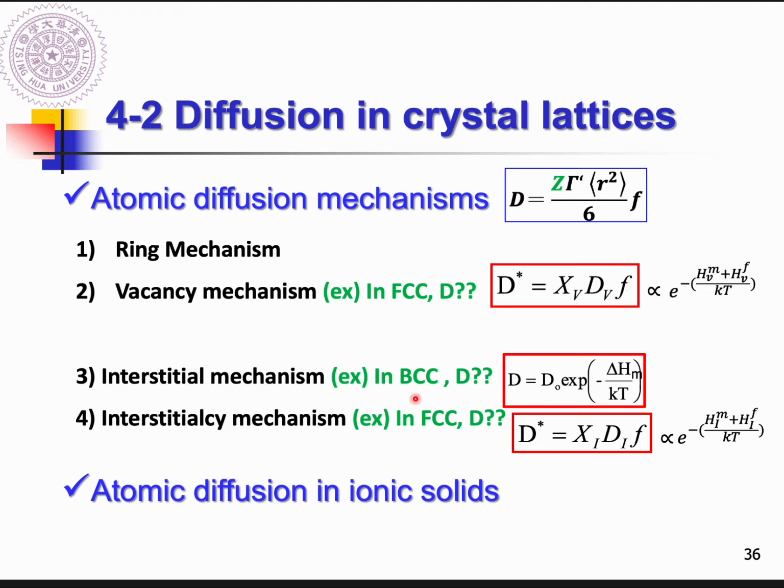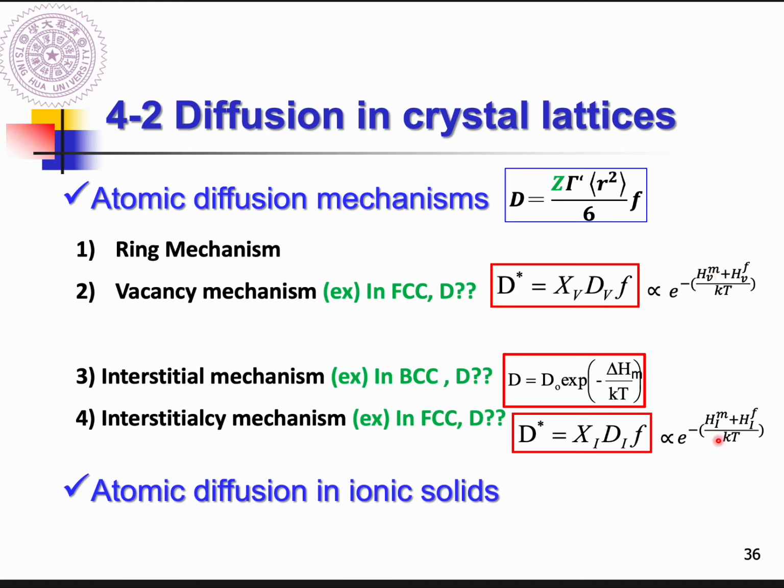But if we only consider the diffusivity of the host atom, what type of diffusion mechanism will increase the diffusivity in your materials? So I will compare the energy part. I will say the vacancy mechanism will have higher diffusivity of the host atom. Why? Because vacancy formation energy is smaller than interstitial formation energy.